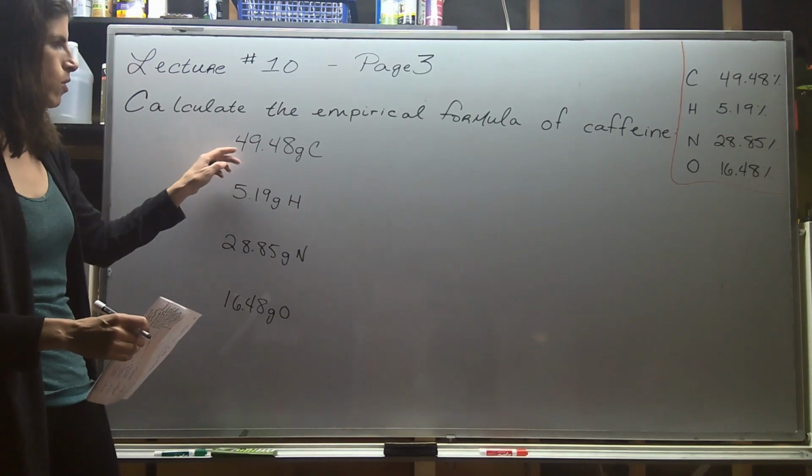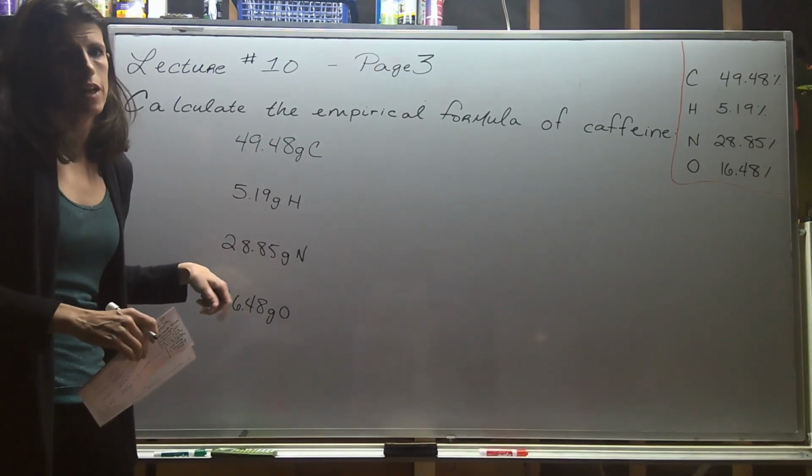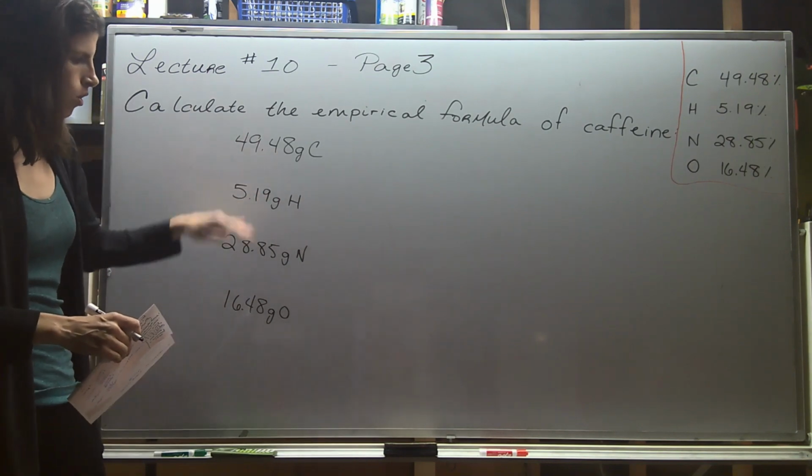So from our periodic table, we're going to grab the molar masses for each of these elements, which is going to allow us to convert all of these to moles.